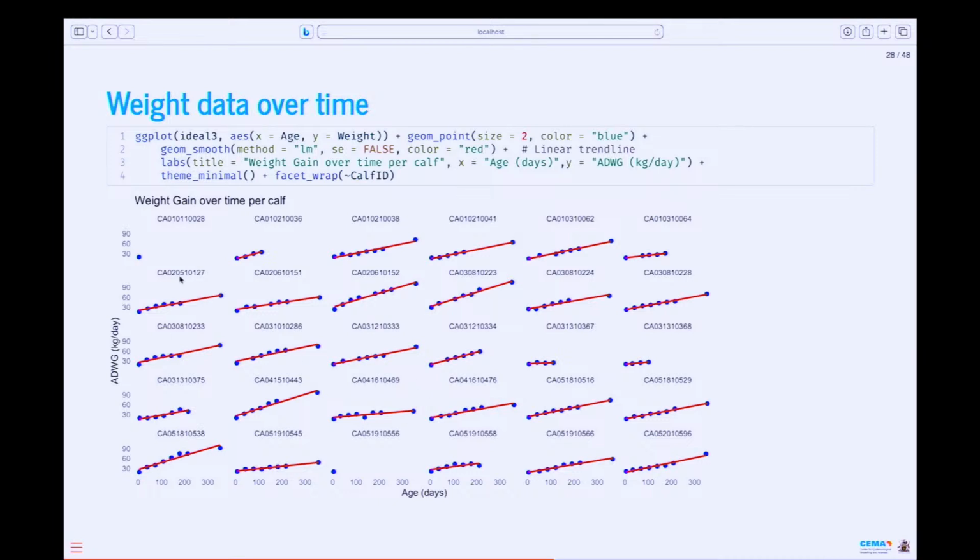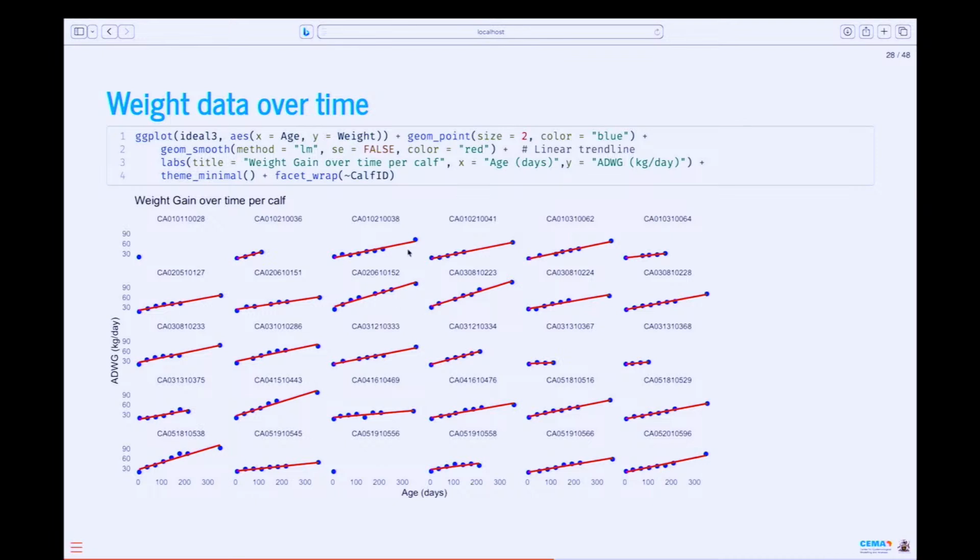So it shows you an identified animal that has a code. So all these numbers, CA, represent a specific unique code for an individual in the study. Then what you've got on the x-axis is time. So you've got time ranging from 0 days, which is basically the first week of life, to 350 days, which means at the end of 1 year.